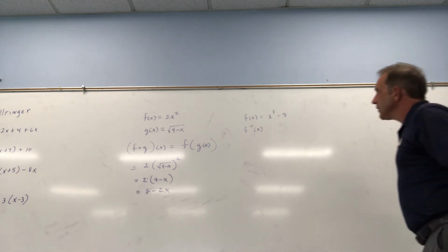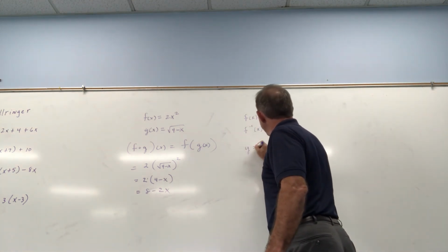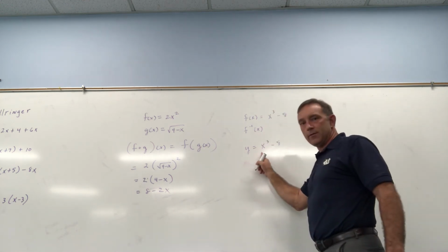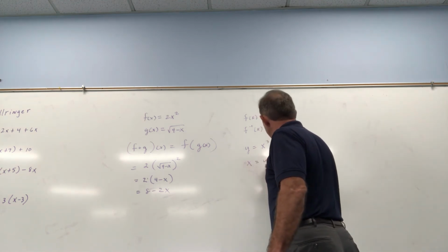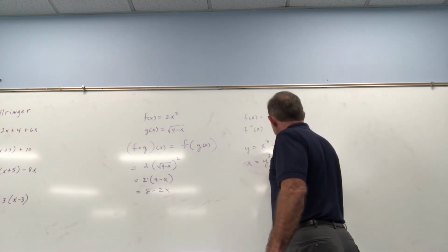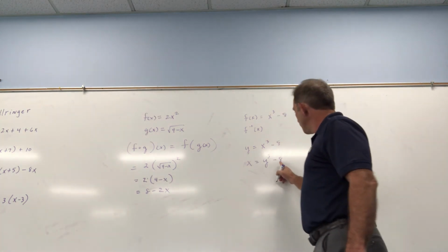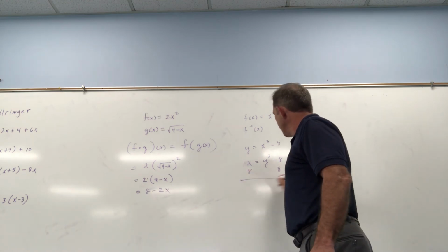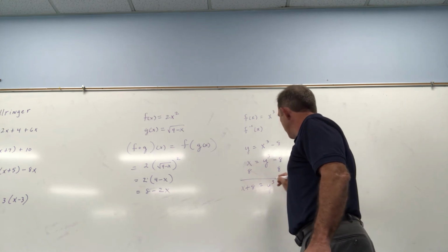And the way you can do this is replace your f of x with y, and then swap the x and the y. So let's put the x where the y is, and the y where the x is, and now let's solve this for y. So to solve this for y, the first thing we would do is add 8 to both sides. So you get x plus 8 is equal to y cubed.